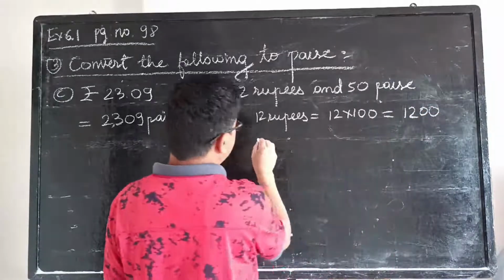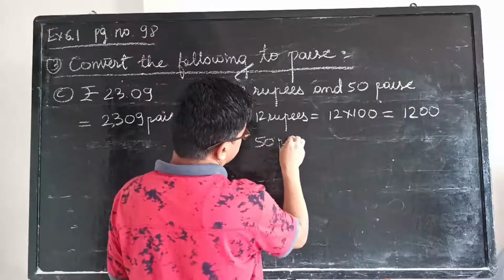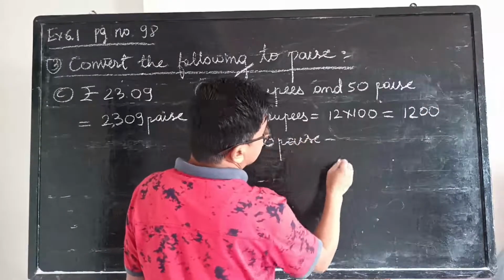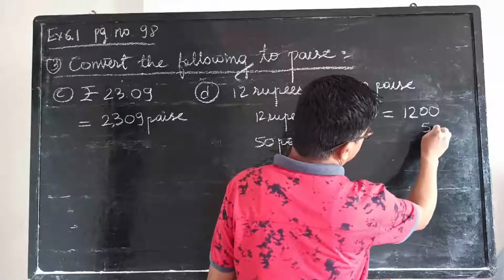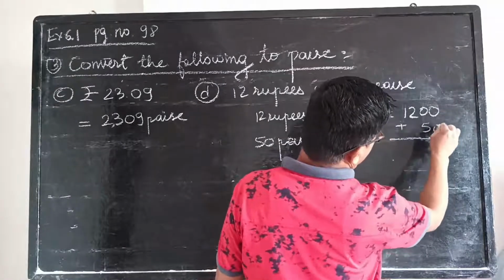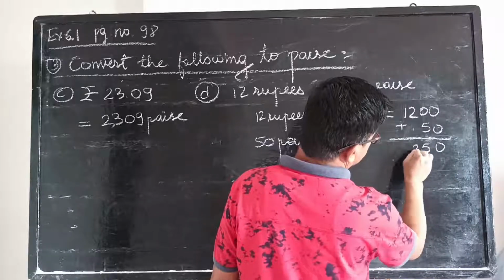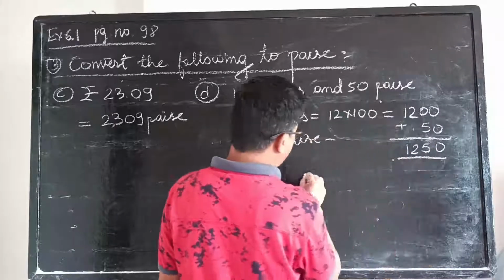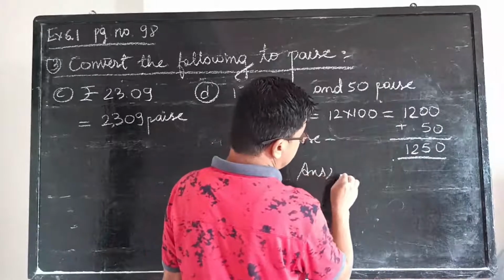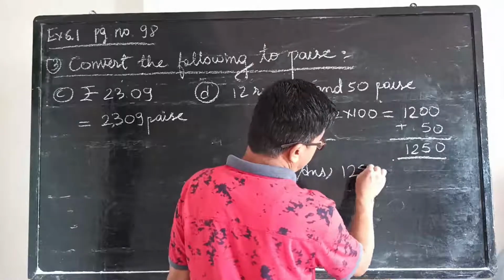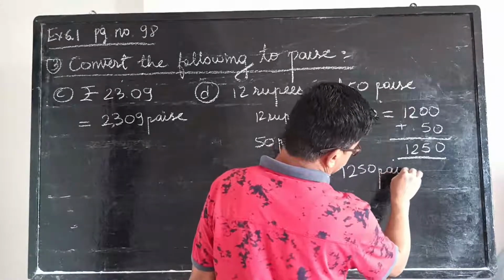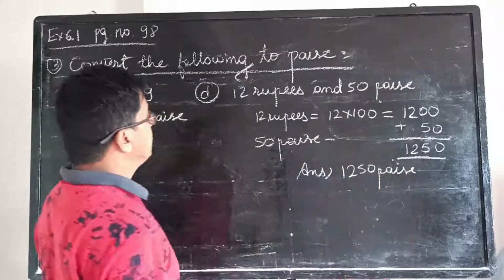Then 50 paise is equal to 50 only. Add 0 plus 0, 0, 0 plus 5, 5, 2 plus nothing, 2, and your answer is 1250 paise. So that is number D.